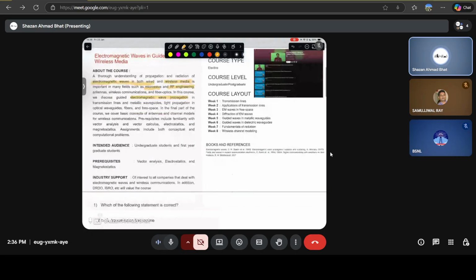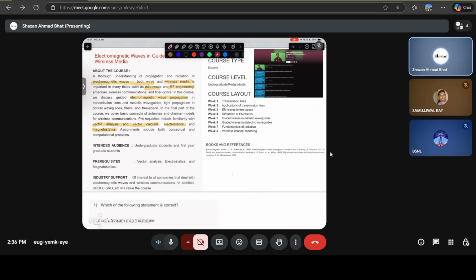And the prerequisites, if we see, are vector analysis and vector calculus, electrostatics, magnetostatics. You should have at least a basic understanding of Maxwell's equations, electrostatics, charges, electric fields, magnetic fields, vectors, vector calculus, gradient, divergence, curl.